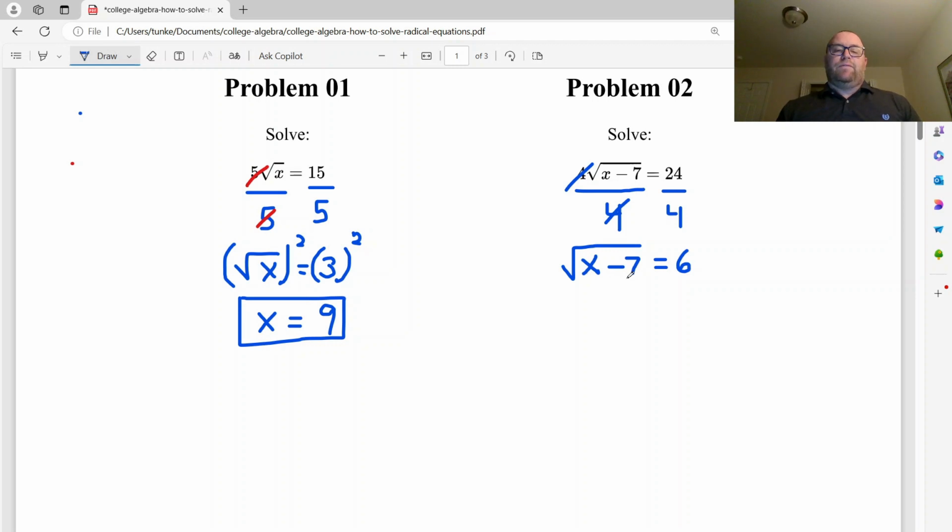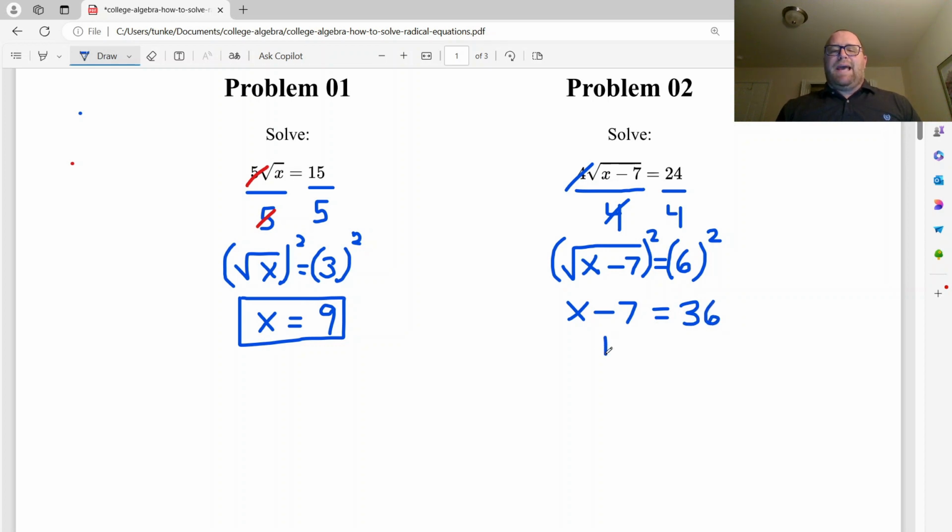We want to get rid of the square root here, so I'm going to square this side. And if I square one side, I have to square the other side. Okay, the square root of x minus 7 squared is just x minus 7. And then we have 6 squared, which is 6 times 6, which is 36.